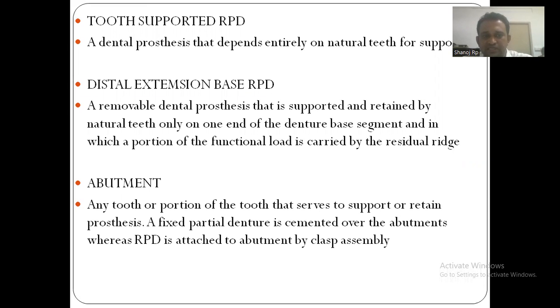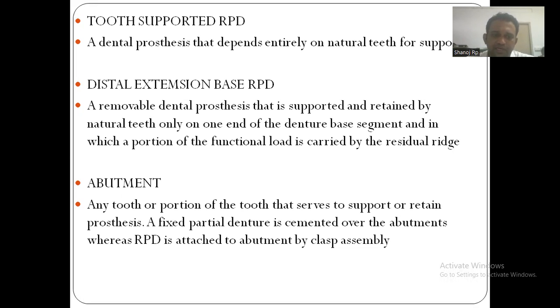Here, the support is basically by the teeth and not the tissues. A distal extension based RPD is a combination of both tissue and teeth supported. It is any removable dental prosthesis that is supported and retained by natural teeth on one end and the denture base segment on the other, to which a functional load is carried by the residual ridge.